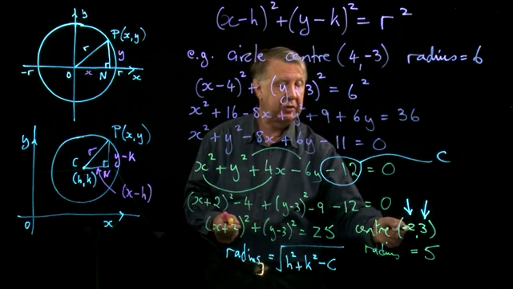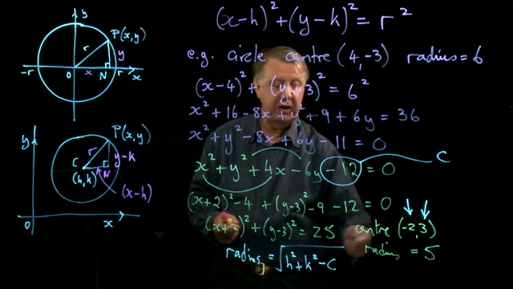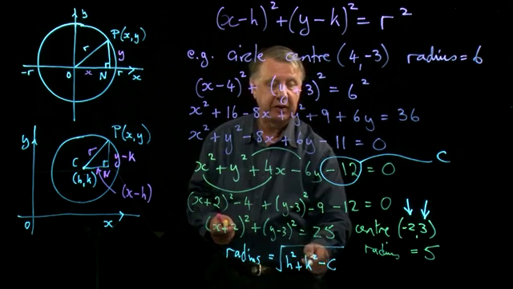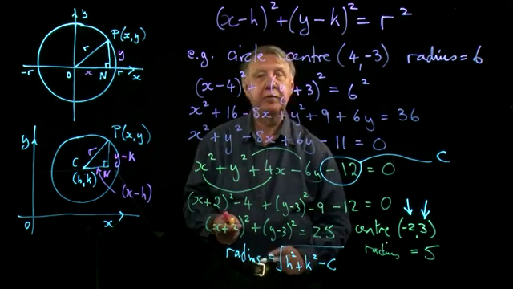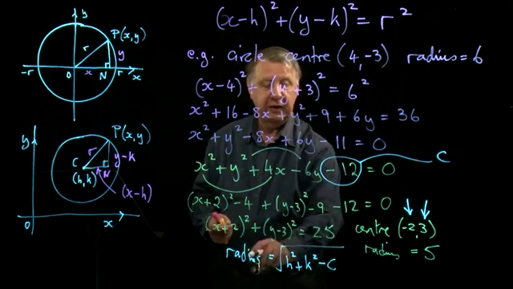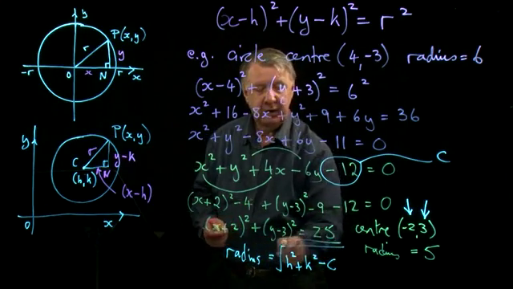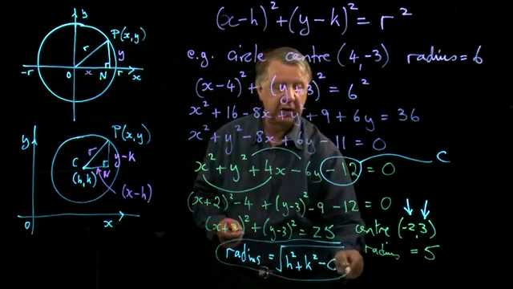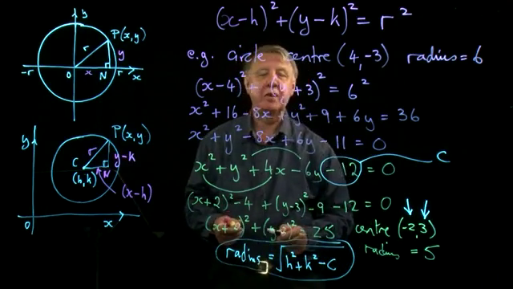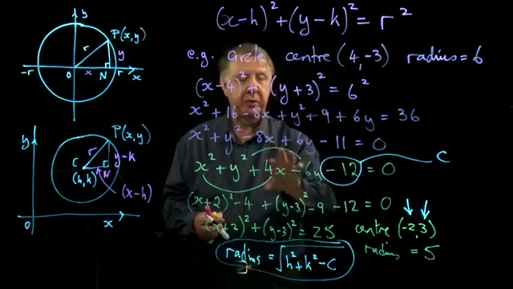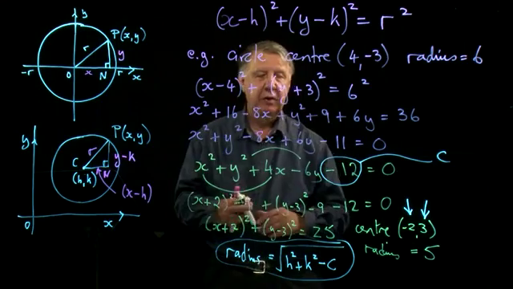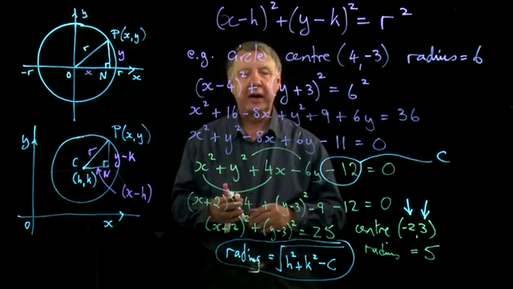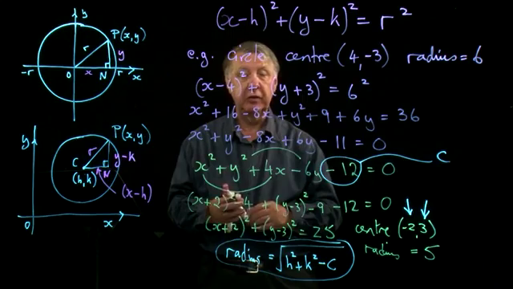So I'd square that, which is 4, square that, which is 9, add those together gives me 13, take away -12 is plus 12, 25, square root of 25 would be the radius. Useful, but a little harder to remember, so perhaps it's safer to stick with this process here. Okay, so there you have then probably the best ways of handling the equation of a circle that you're likely to get.